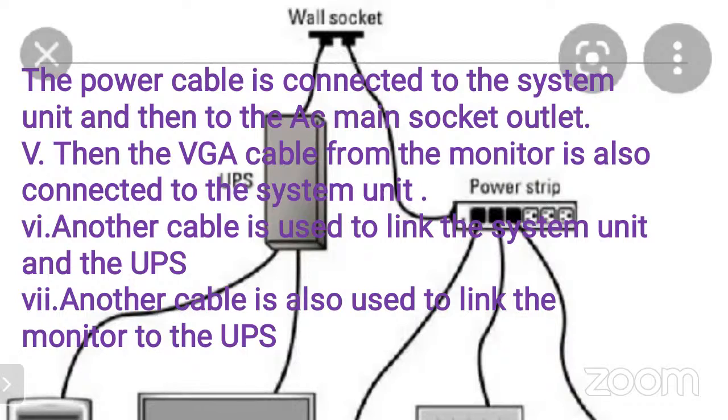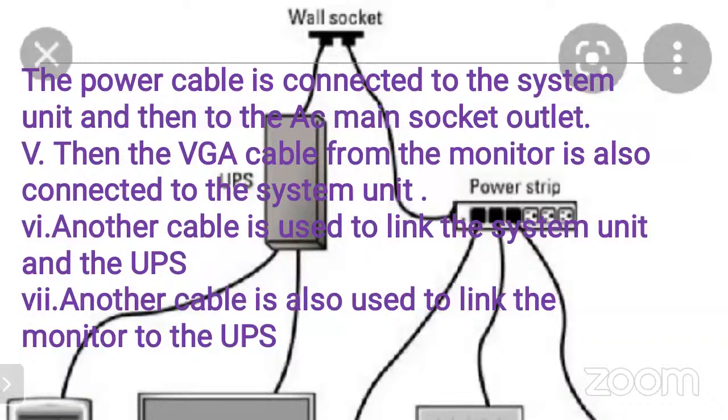So from the wall socket, there is the left wire. That left wire is the UPS power supply. This one is the UPS. There is another cable from the monitor, and another cable from the system unit.